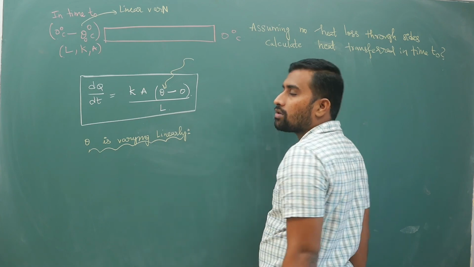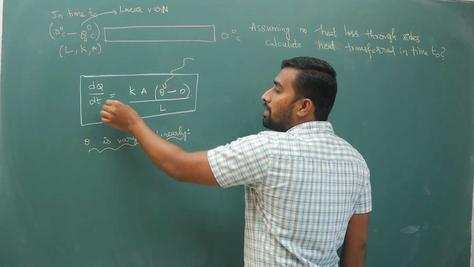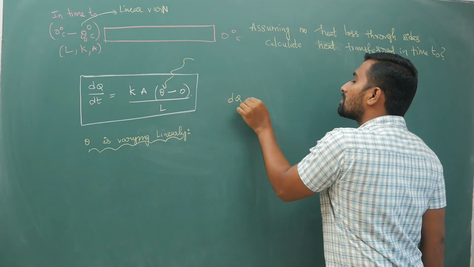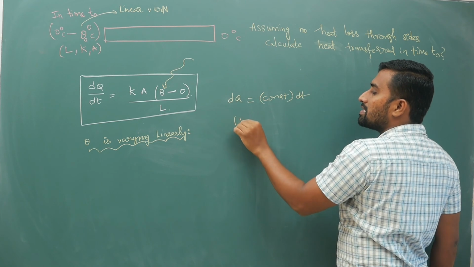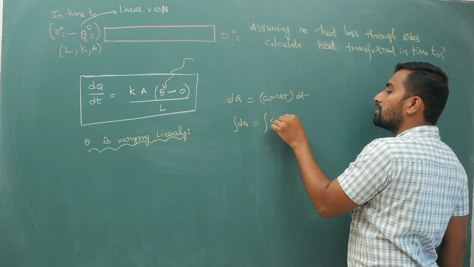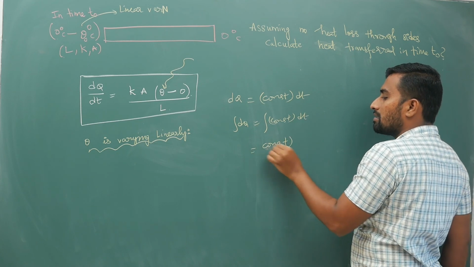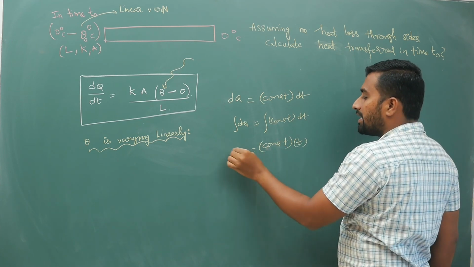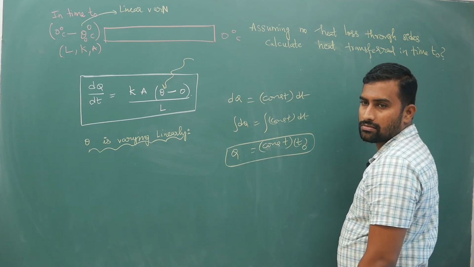Here theta is not constant. If theta were constant, I would have written dQ is equal to some constant into dt. Integral dQ is equal to integral of constant into dt, so this constant times t, and this side you will have only heat. So your heat transferred is Q equal to this constant into t naught.